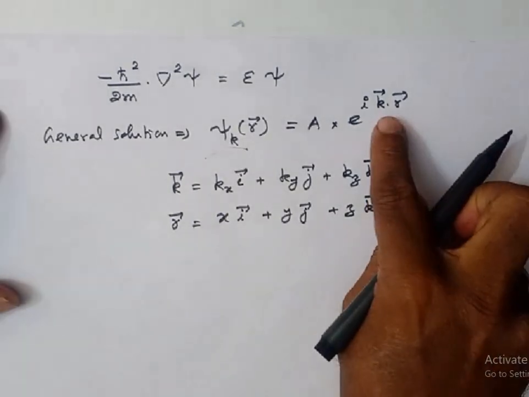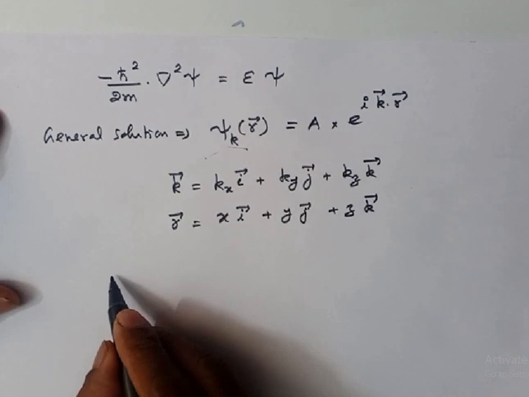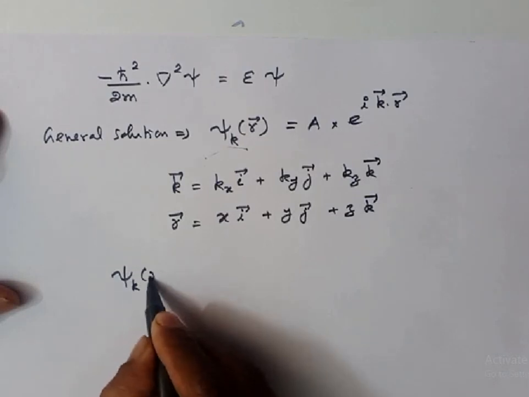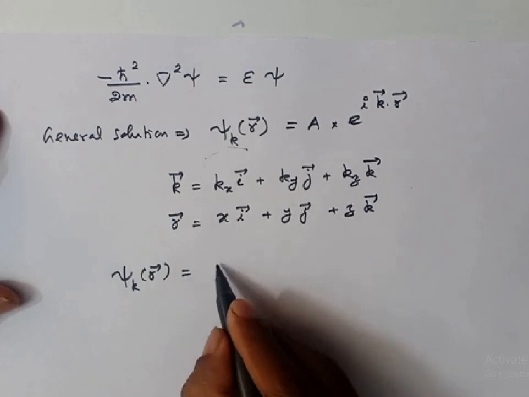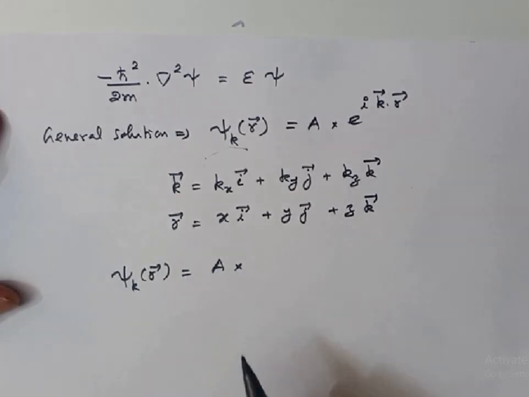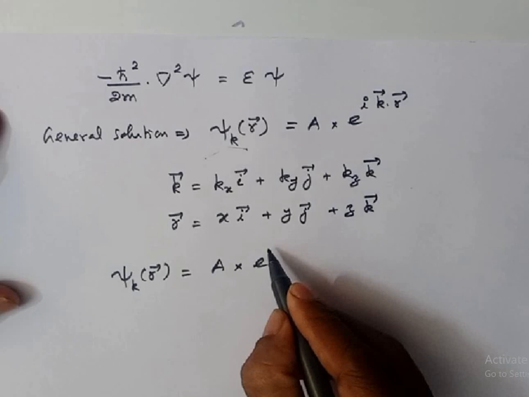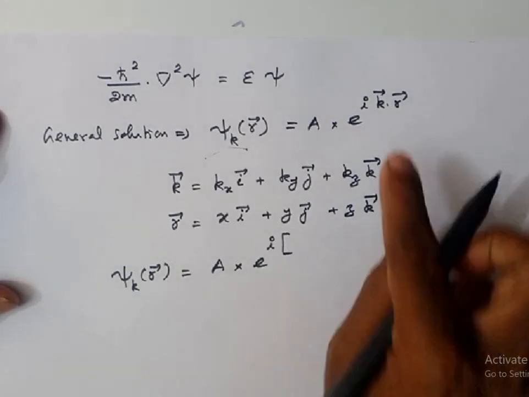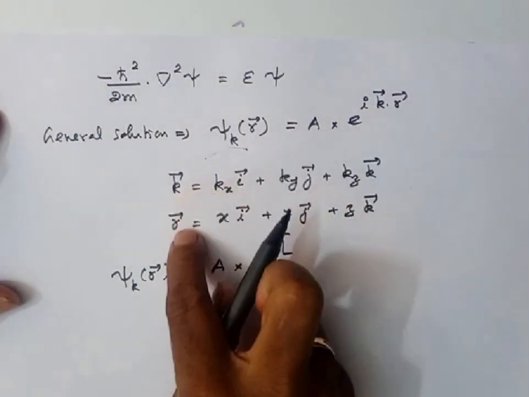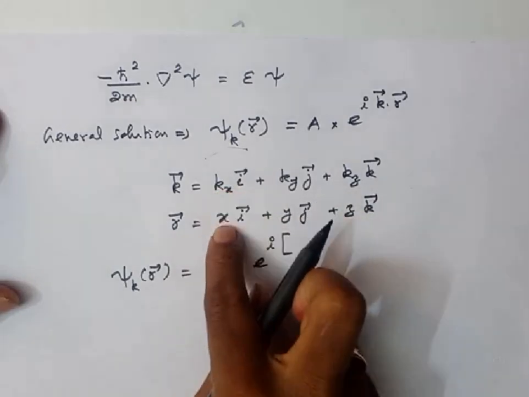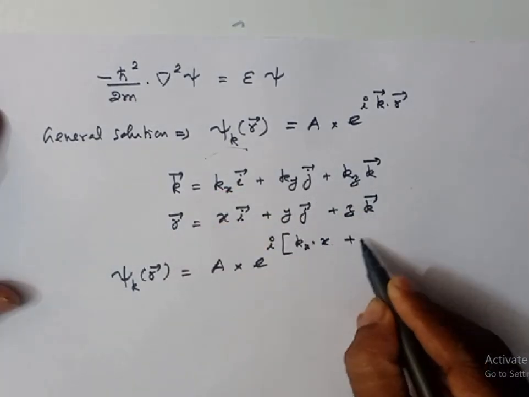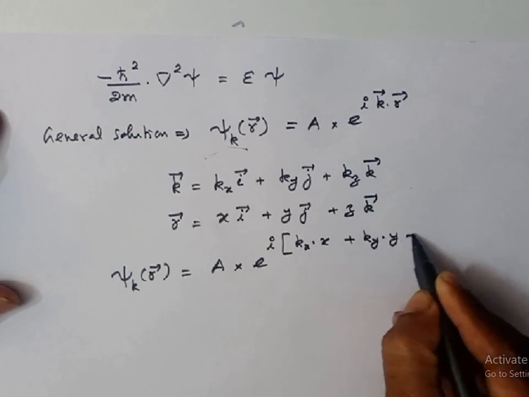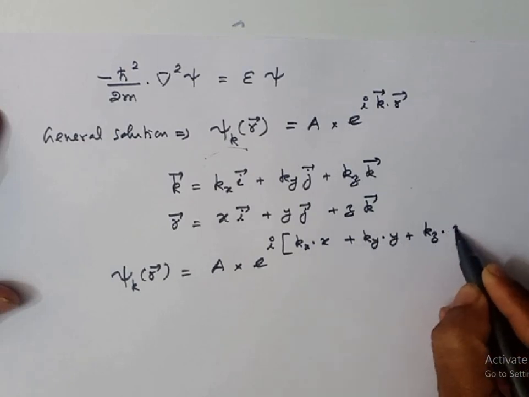Right? So if I take k dot r, I can write the general solution as psi k of r. What is this k? We'll discuss. Psi k of r equal to normalization constant A into e to the power i into, if I take a dot product of k and r, I'll get kx into x plus ky into y plus kz into z.